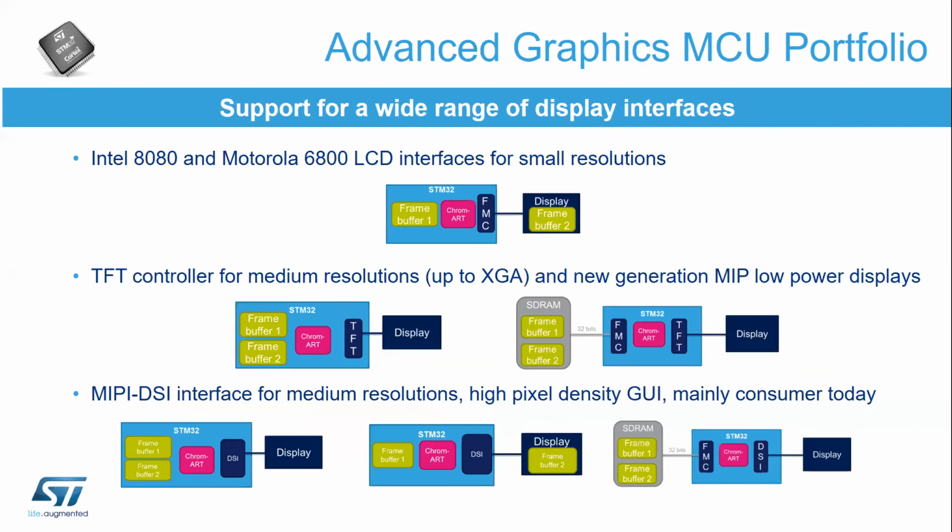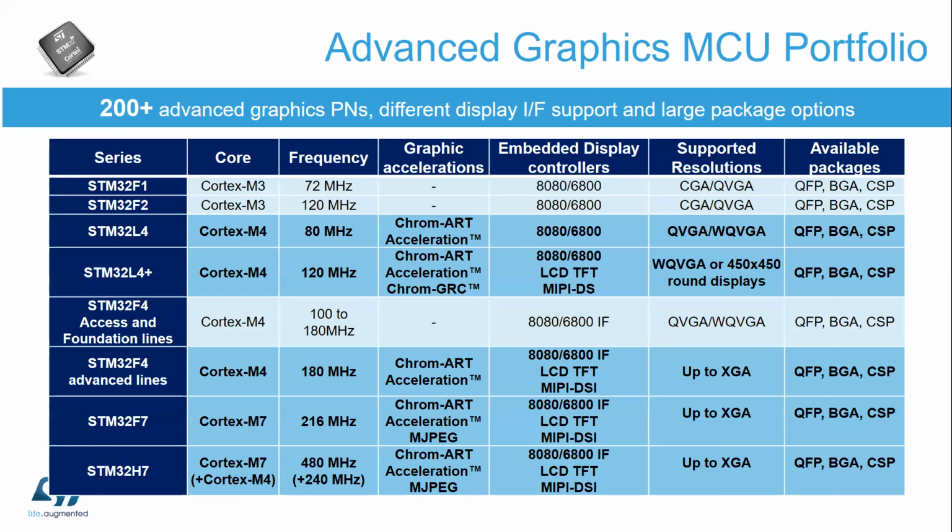Our products support a large range of display interfaces, from classical parallel interfaces to TFT, but also to advanced MIPI DSI. And our offer today comes with more than 200 advanced part numbers for graphics, supporting the different accelerations, and also available in different package formats, so convenient for different needs in industrial and consumer markets.